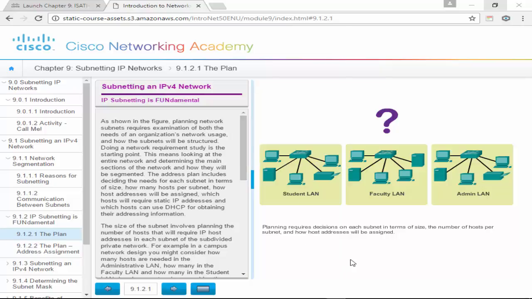So planning requires decisions on each subnet in terms of size, the number of hosts, and how addresses will be assigned. And what we're talking about probably on addresses there is, I don't know, we might be setting statics for these servers. This printer should be set static, right? The server. But also, this router up here is how we get out, and hopefully you remember that the way out of a network is called a default gateway.